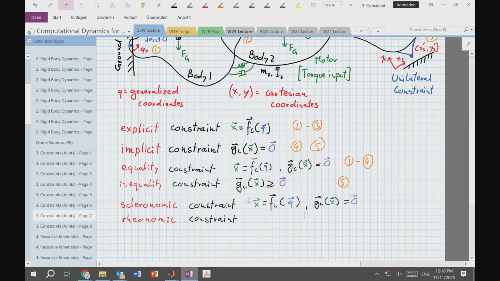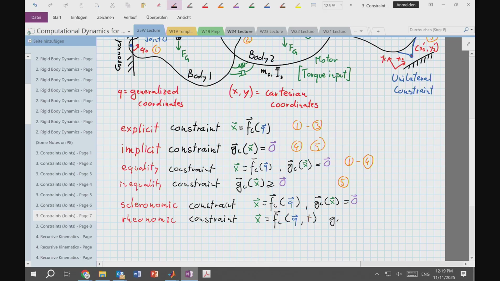This is different for rheonomic constraints, which do have an explicit time dependency, where my value x depends not only on the state of the generalized coordinates, but also on time explicitly.